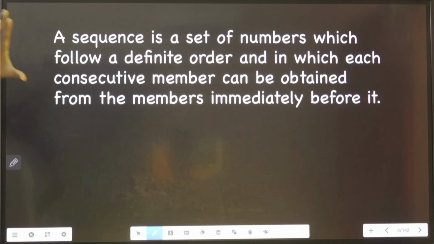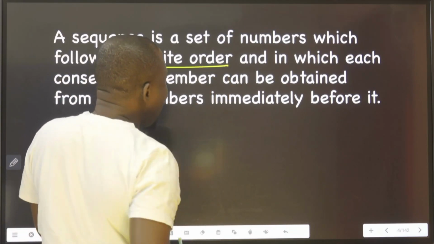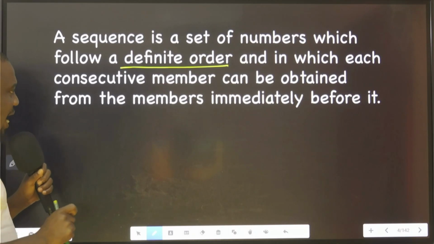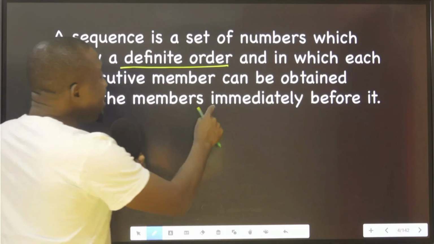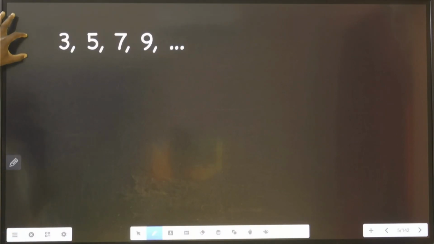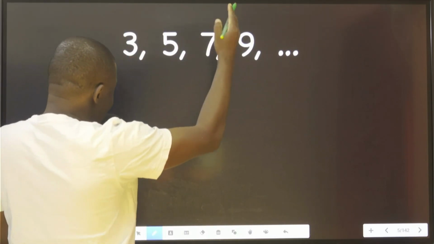A sequence is a set of numbers which follow a definite order, and in which each consecutive member can be obtained from the members immediately before it, just as you have seen. So for this, for instance, we have 3, 5, 7, and 9.